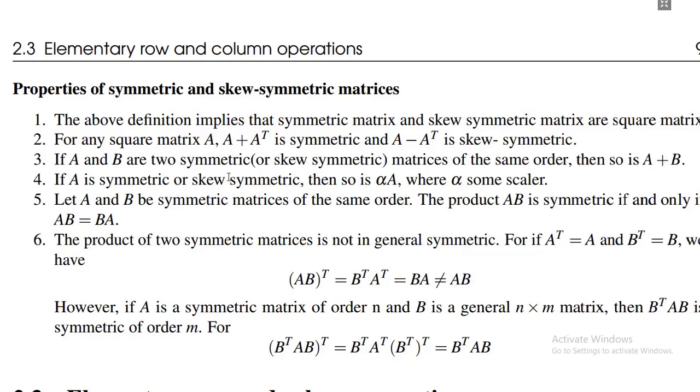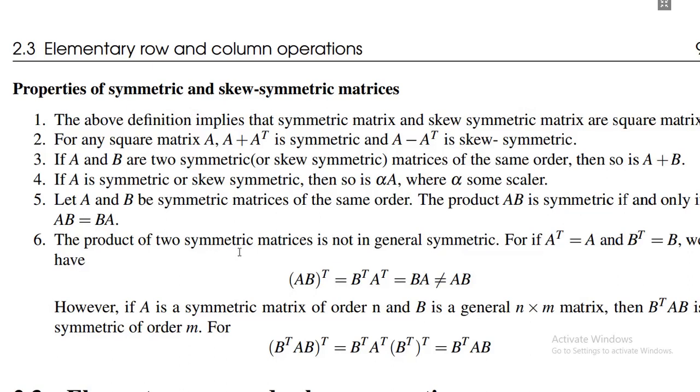If A is symmetric or skew-symmetric, then alpha times A is also a symmetric or skew-symmetric matrix. And let A and B be symmetric matrices of the same order, then the product A times B is also symmetric if and only if A times B is equal to B times A.